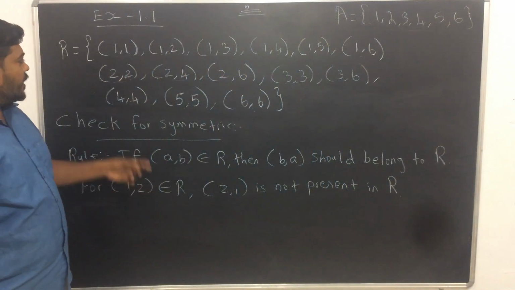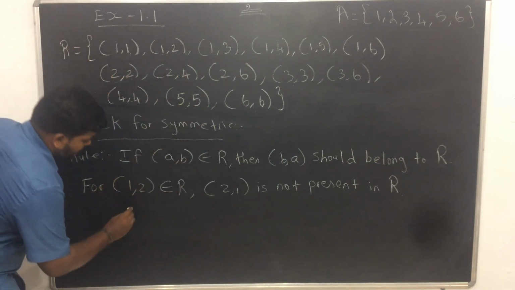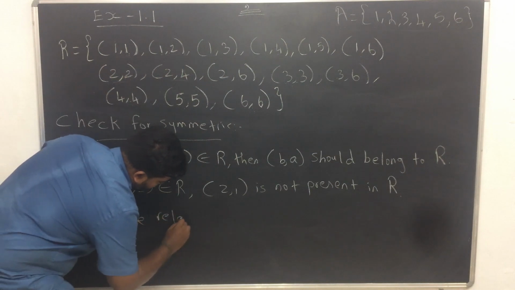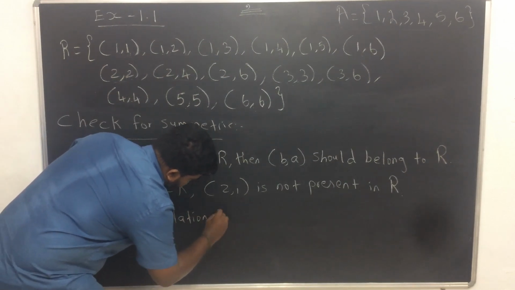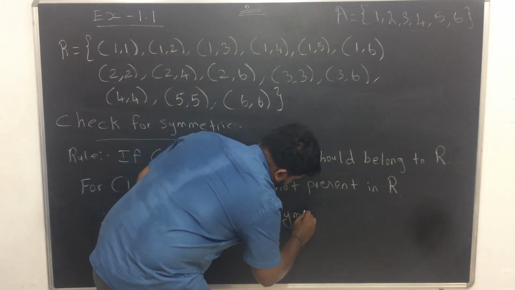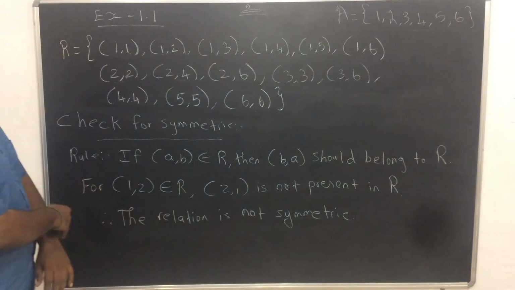For 1 comma 2 belonging to R, 2 comma 1 is not present in R. So this relation is not symmetric. Therefore, the relation is not symmetric.